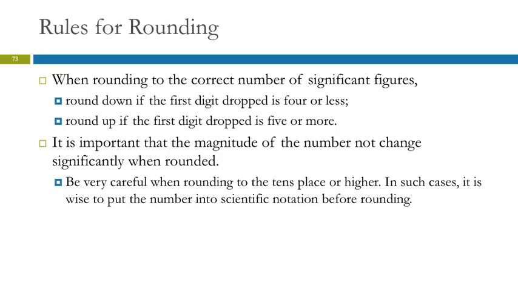It's really important when you're rounding numbers that you do not change the magnitude, the overall size of the number, okay? So if you're rounding in the tens place, the hundreds place, the thousands place, people end up with some really crazy stuff sometimes. So let's make up an example.